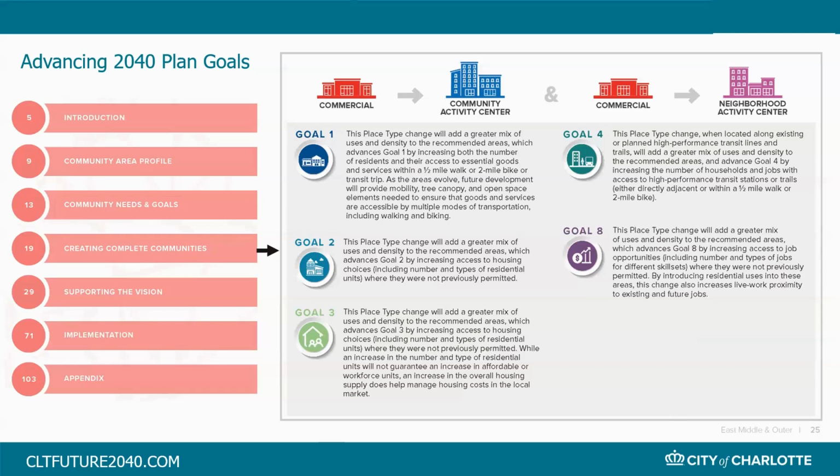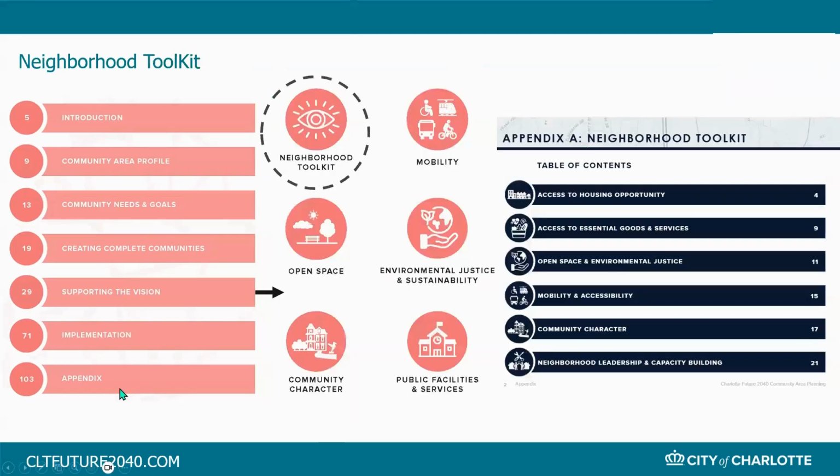It will also advance Goal 8, diverse and resilient economic opportunity, by increasing access to job opportunities, including the number and types of jobs for different skill sets where they didn't previously exist.